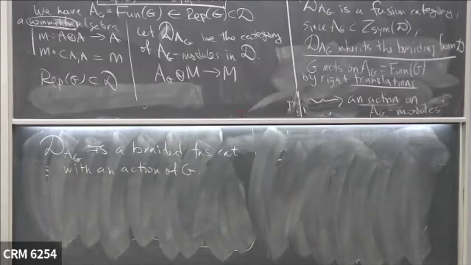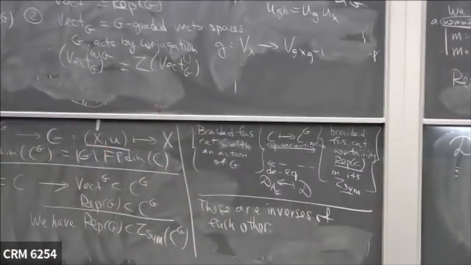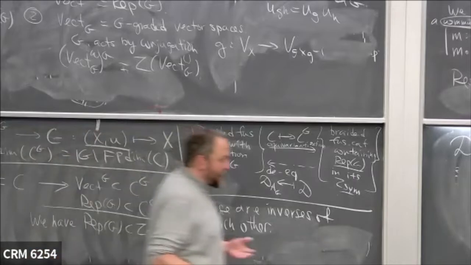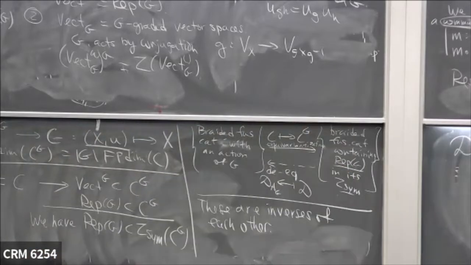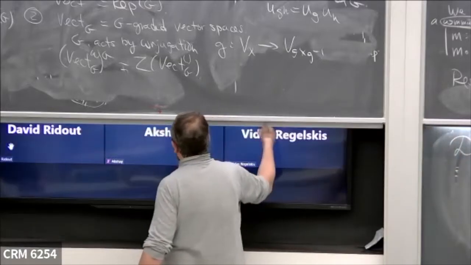Now, two constructions in the opposite directions, it turns out they're inverses of each other. The names suggest it should be like this. Meaning that if you apply de-equivariantization and then followed by equivariantization, then you get the original.